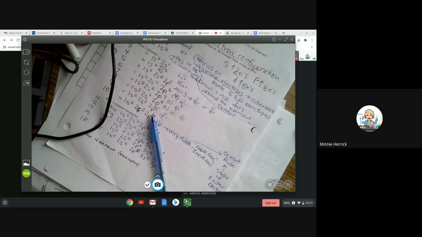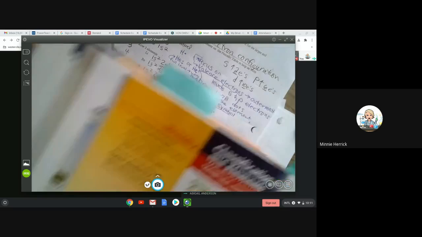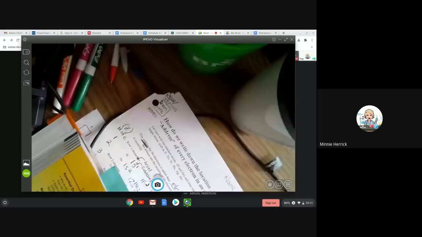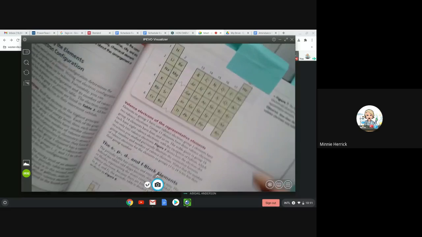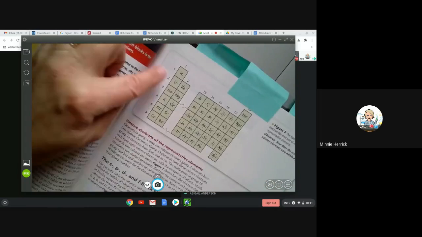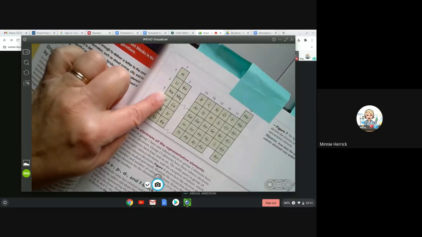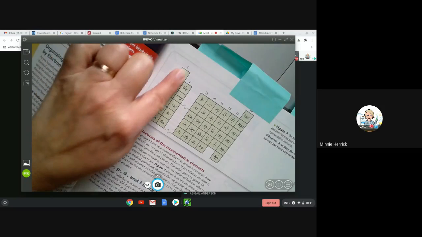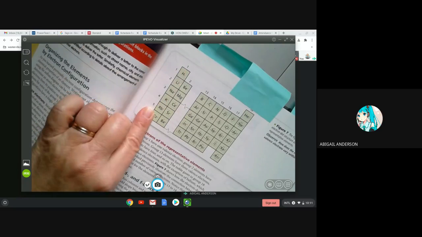Exactly, totally. And so in the textbook, in chapter 6, which this little section of what we're covering is actually reviewed in chapter 6. Sorry, I'm trying to get it to the book here. Okay. But if you look at this visual, do you see this visual here? It has everybody in column 1, like hydrogen, lithium, it has 1 dot. And so these guys all behave the same way with 1 dot.